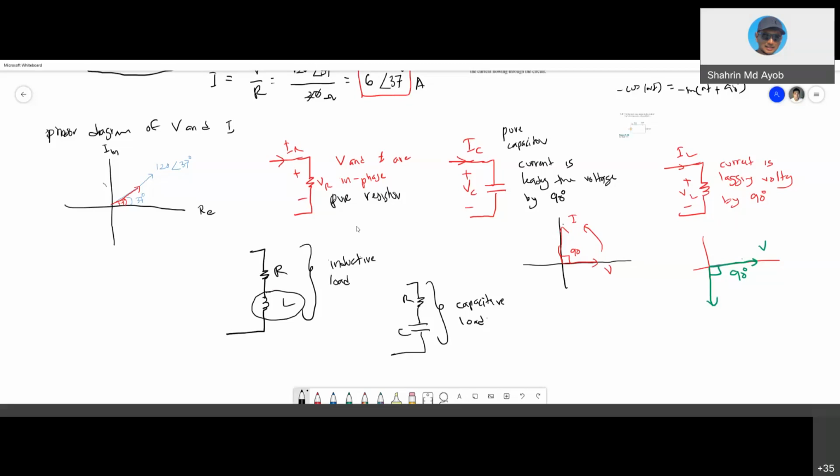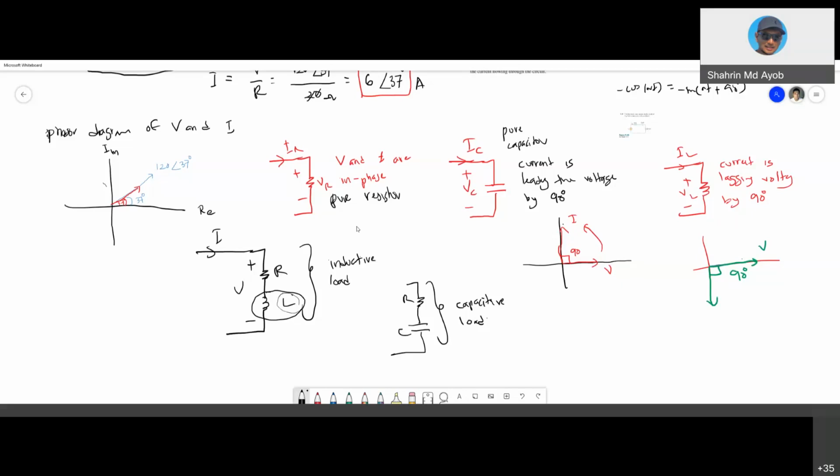And the relationship between the voltage across the load and the current depends on the angle. Right now, as you can see, for the pure capacitor the current is leading by 90 degrees. But when you have this kind of load combination, it is up to the values of the inductor to determine the angle.